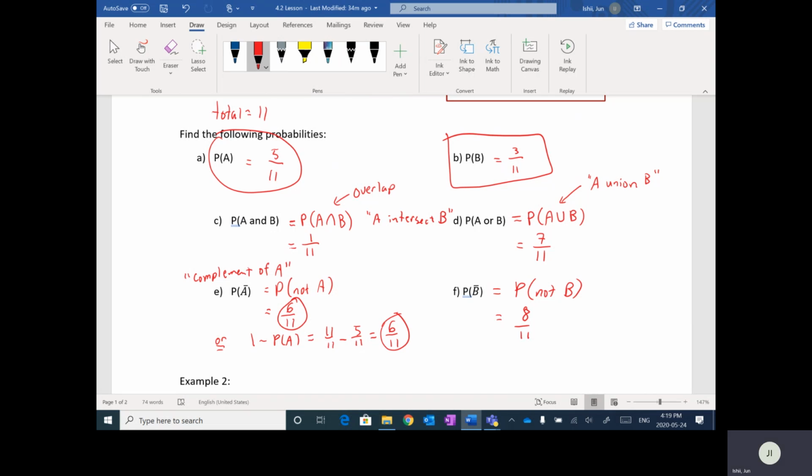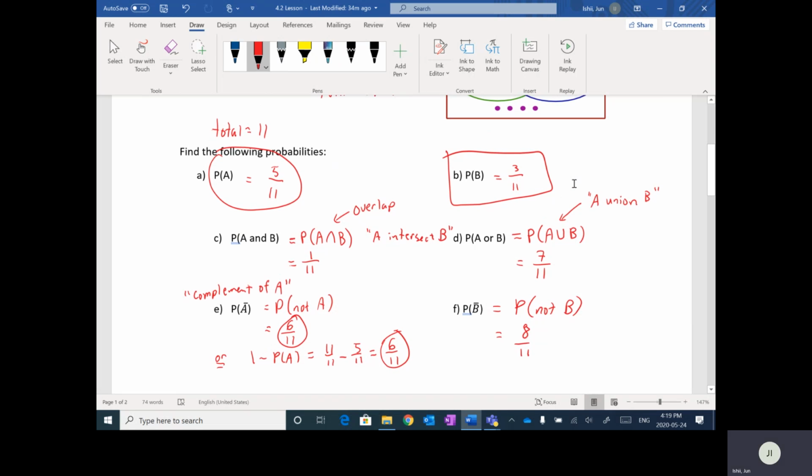Because the event B happening plus the event B not happening should add up to 100%. All right, so hopefully that makes sense. I think with this here, it's mostly the notation that's being introduced. So you will see on your worksheet and on the assignment things written this way. So it's important to know the difference between those two.